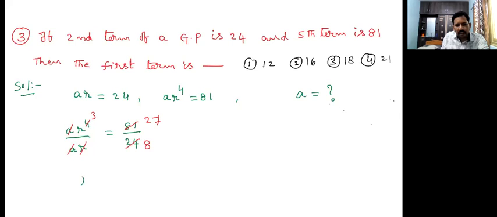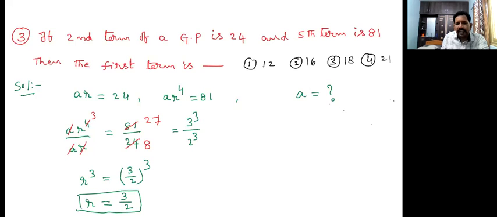Right, here R cube is equal to 27, which we can write as 3 cube. 8 we can write as 2 cube. Overall I am writing 3 by 2 whole cube. See here, the powers are same. Bases we can equate. So R value is 3 by 2.